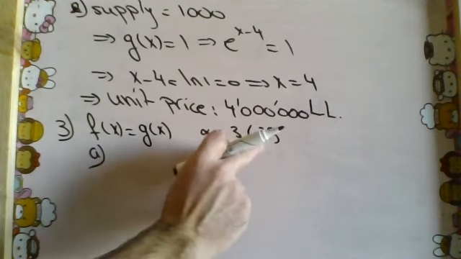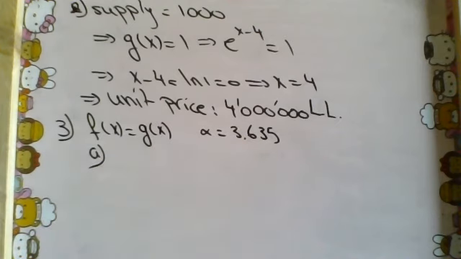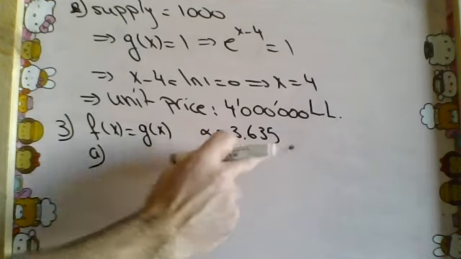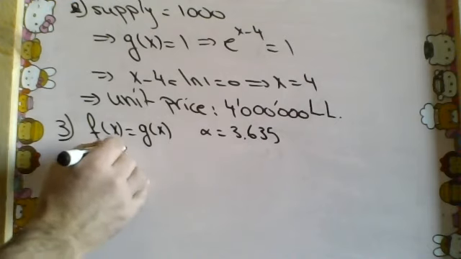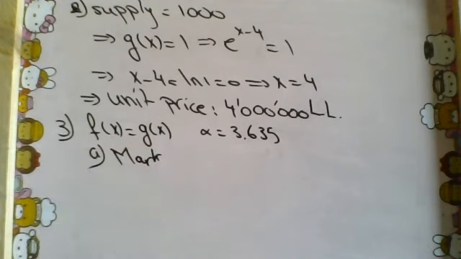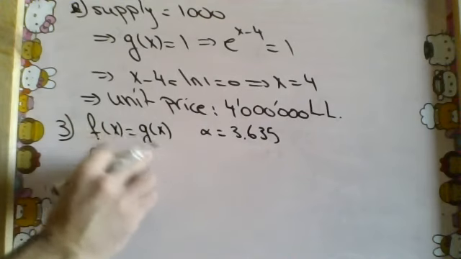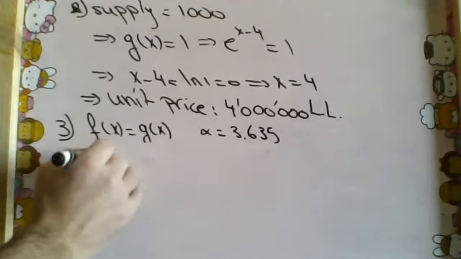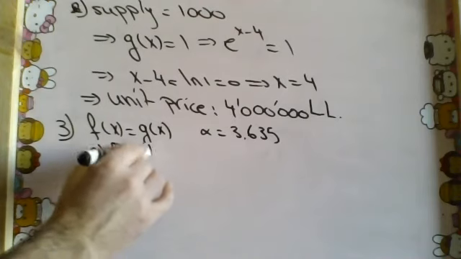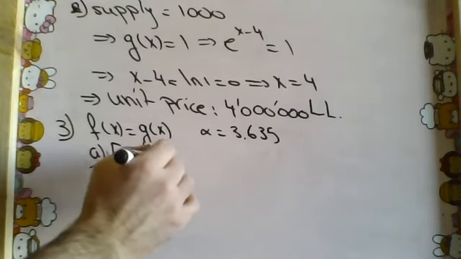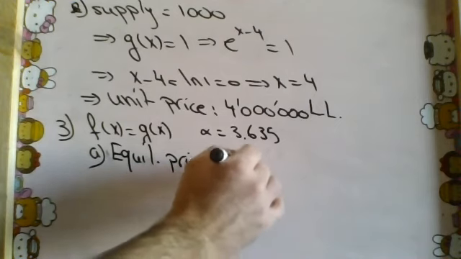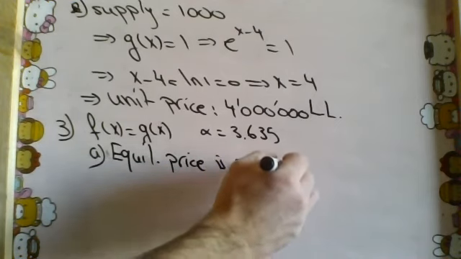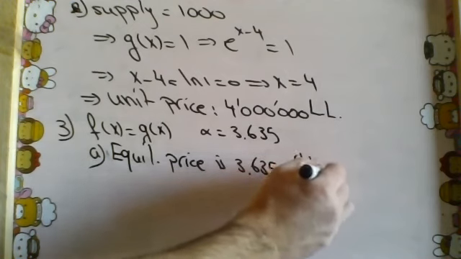So here the market price, or the equilibrium price, is 3.635 millions.